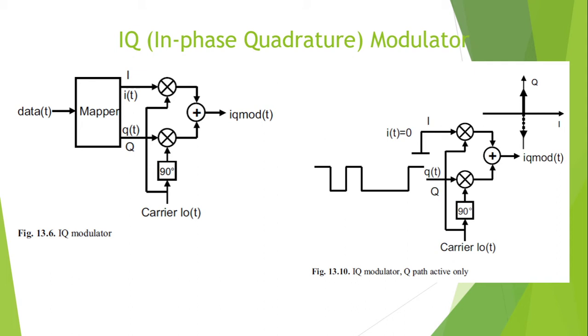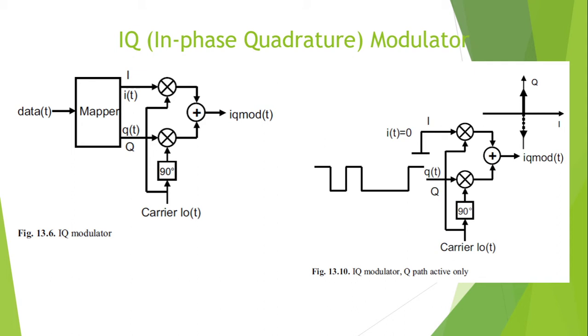Therefore, with the aid of the control signals I of t and Q of t, we can vary the amplitude and phase of IQ mod of t. With the IQ modulator, we can generate pure amplitude modulation, pure phase modulation, or combined amplitude and phase modulation. The output signal can be controlled in amplitude and phase.